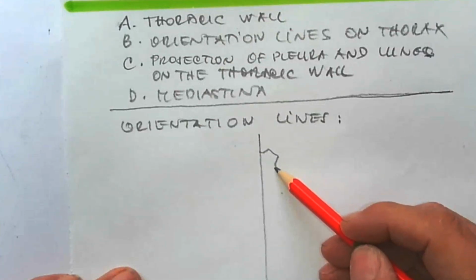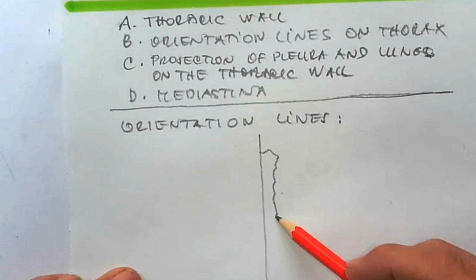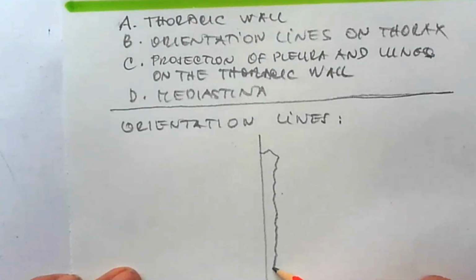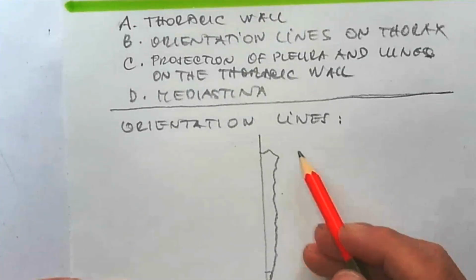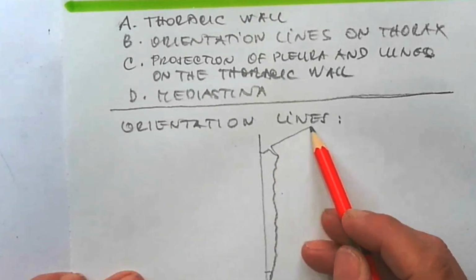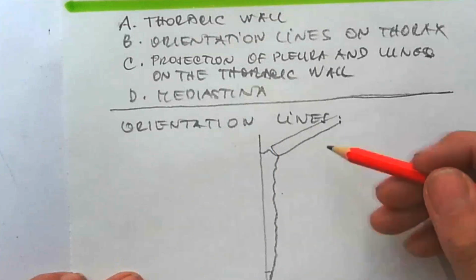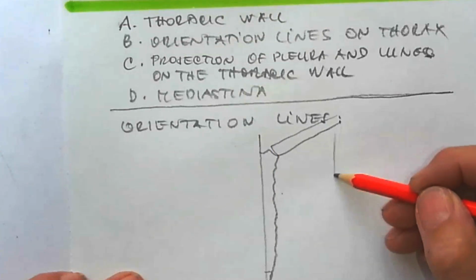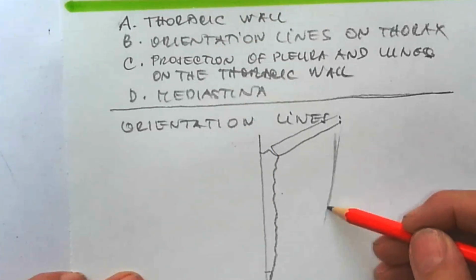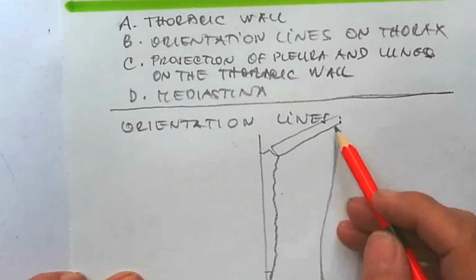Then we have the sternum, like that. I mean, would be sufficient. Xiphoid process. Then position of the clavicle, and then what else? The lateral wall of the thorax, like that.